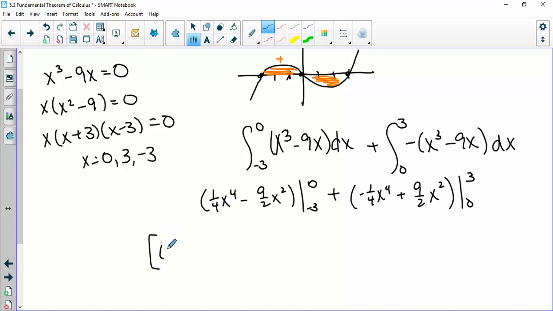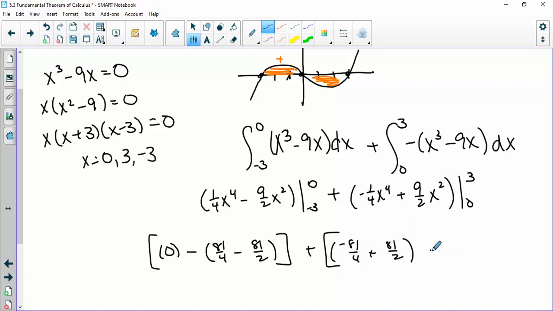We put in 0, we get 0, minus put in -3. So -3 to the 4th is 81 over 4. -3 squared is 9 times 9 over 2, which would be 81 over 2. Then put in a +3, so -81 over 4 plus 81 over 2, minus put in 0.